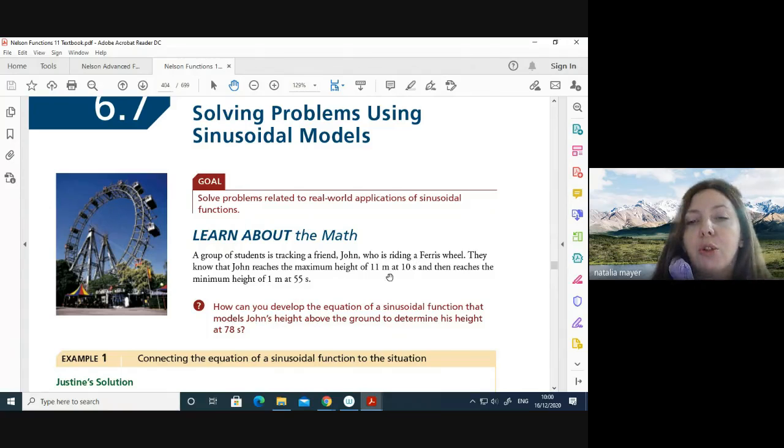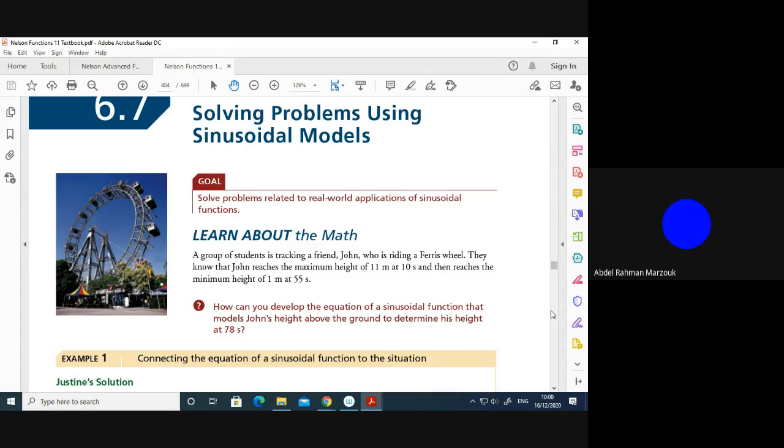What are the two ordered pairs which we can use in order to sketch the function? Remember, x is time, y is height. So what are the two ordered pairs given to us in this question?